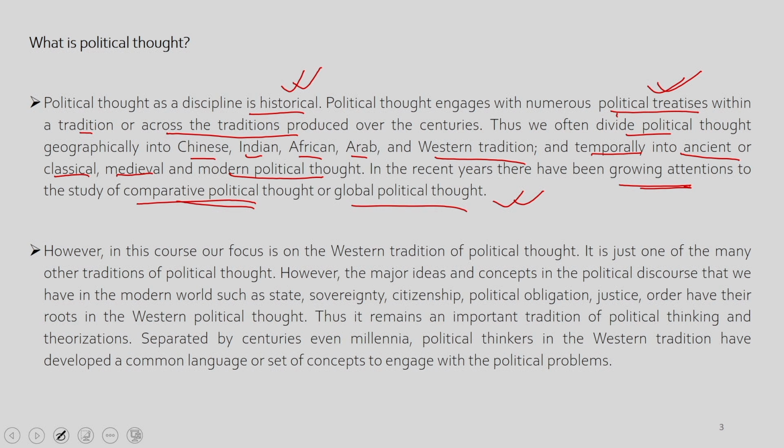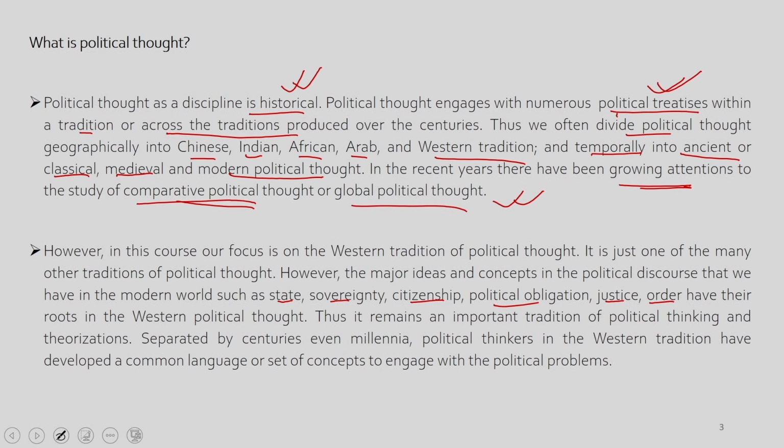However, the major ideas and concepts that shape the political discourse in the modern world, whether we discuss the state, sovereignty, citizenship, political obligation, justice, order, you find that these ideas or concepts are embedded in the political treatises produced in the Western tradition.